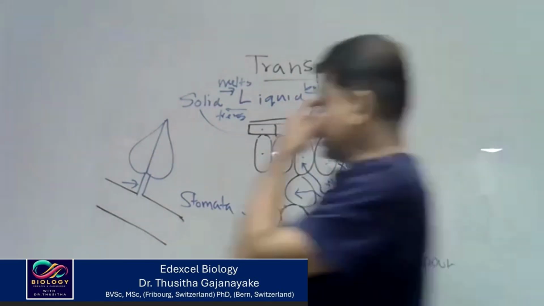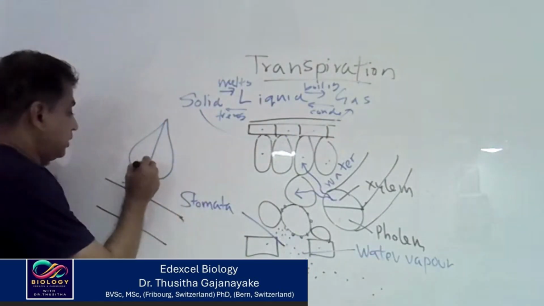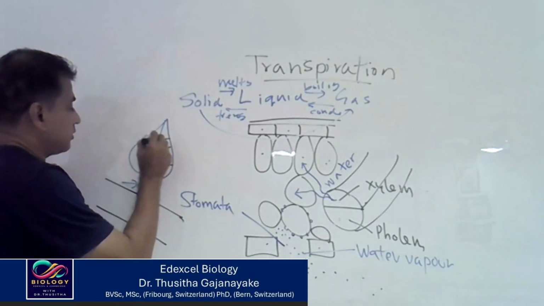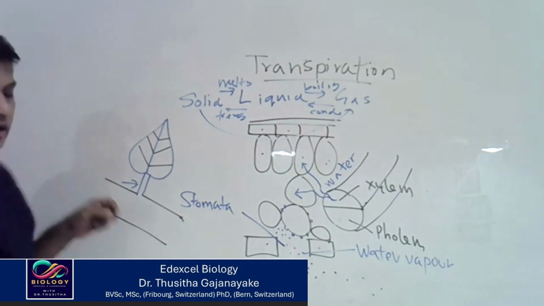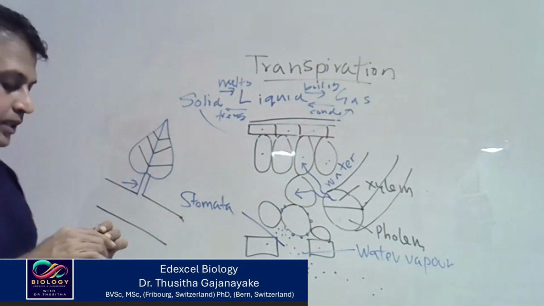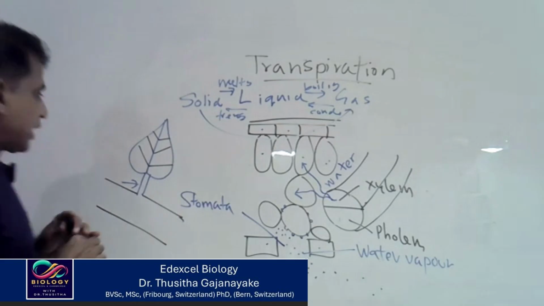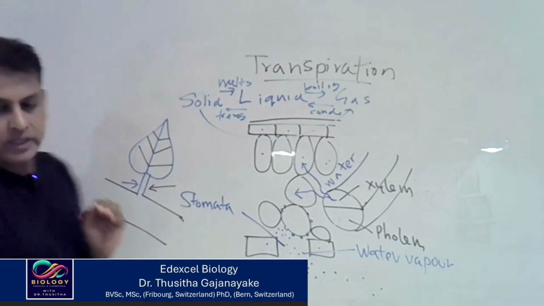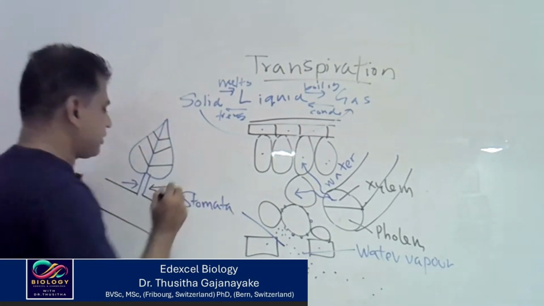We don't learn about the structure of the leaf. This part has a special name, but you can't even see it in the textbook, I think.